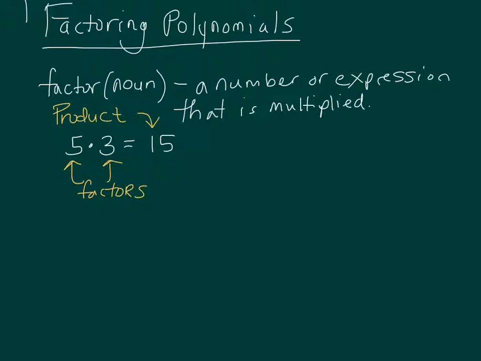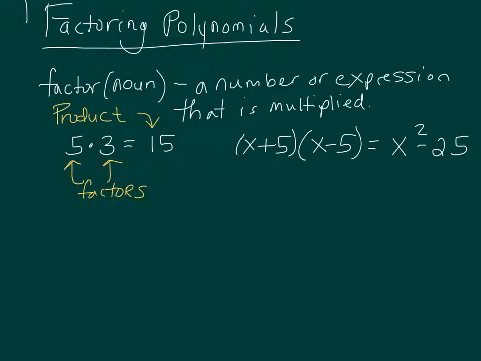But let's take the two expressions, x plus 5 and x minus 5. When we multiply those two together, we know from what we did last unit when we multiplied polynomials that this is going to end up being x squared minus 25, because the middle terms will cancel out, because this is an x and a 5 with a plus and a minus in between them.